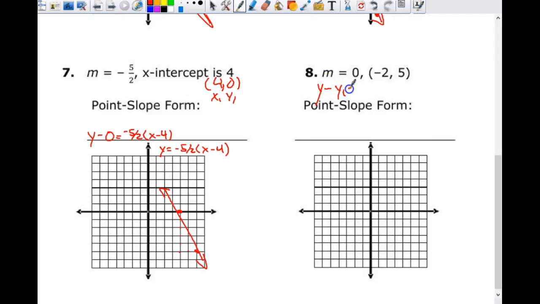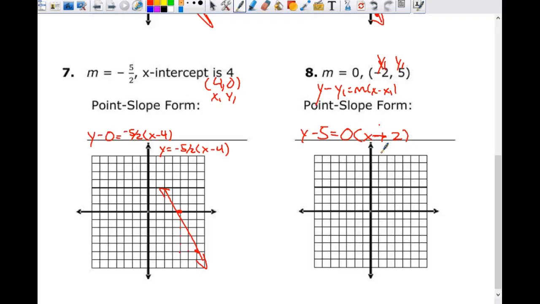y minus y1 is equal to m times x minus x1. This is our x1, this is our y1. y minus 5 is equal to... same as plus.